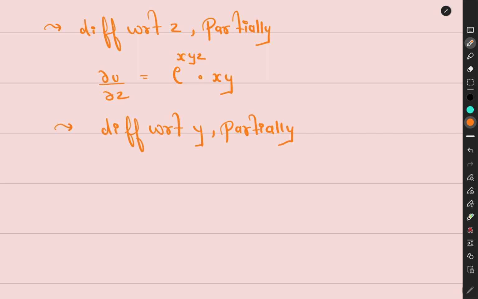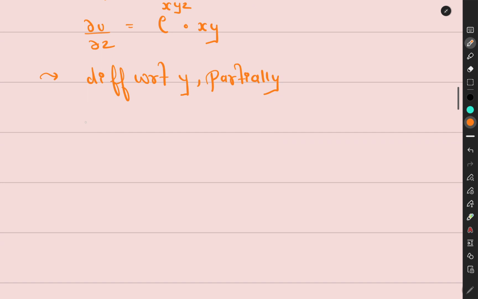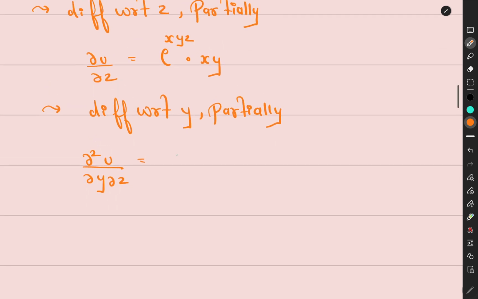Now we will apply a basic formula we have learned in 11th standard, which is the UV rule. ∂²u/∂y∂z should be equal to x e raised to xyz plus xy into e raised to xyz into xz.